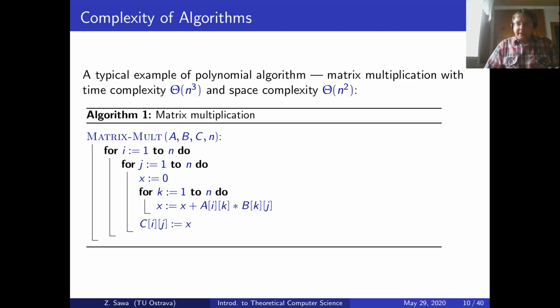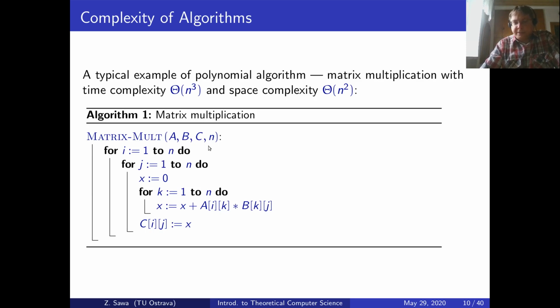Let's return to the analysis of time complexity of algorithms, and let's take a few examples on which we will illustrate how we can analyze the complexity using asymptotic notation. There are some simple cases, like the straightforward algorithm for multiplying matrices.